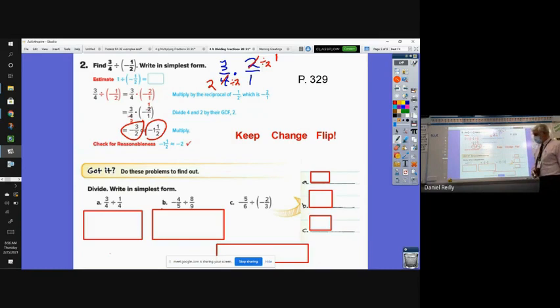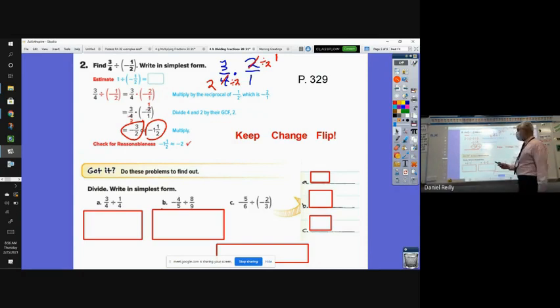3/4 divided by 1/4. Well, this one you could do in your head. How many 1/4 can I put into 3/4? How many 1/4 are there in 3/4? 3. Right? So I mean, that was just like common sense. If you think about what division means, the answer to this is 3. But you could just write it down if you see that, okay?